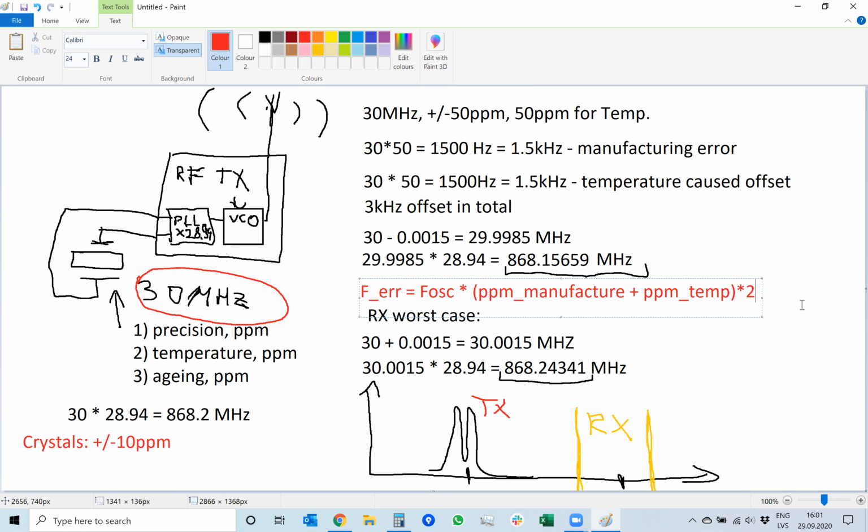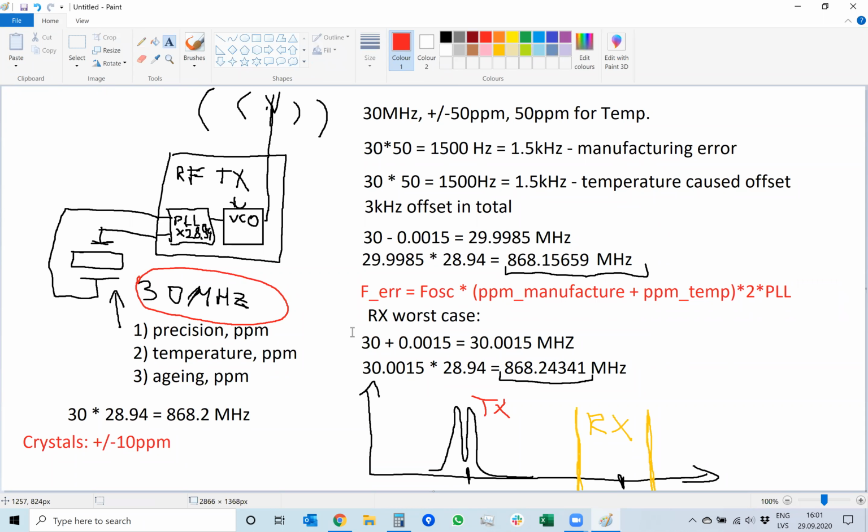And this is times the multiplier, times the PLL multiplier. And this will give you the total frequency error, right?